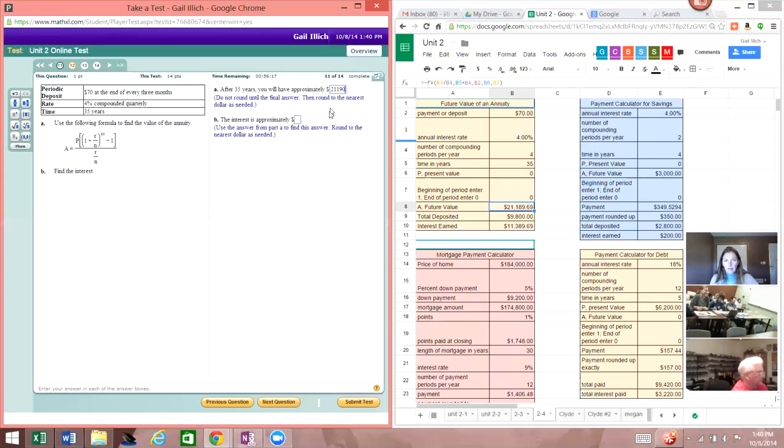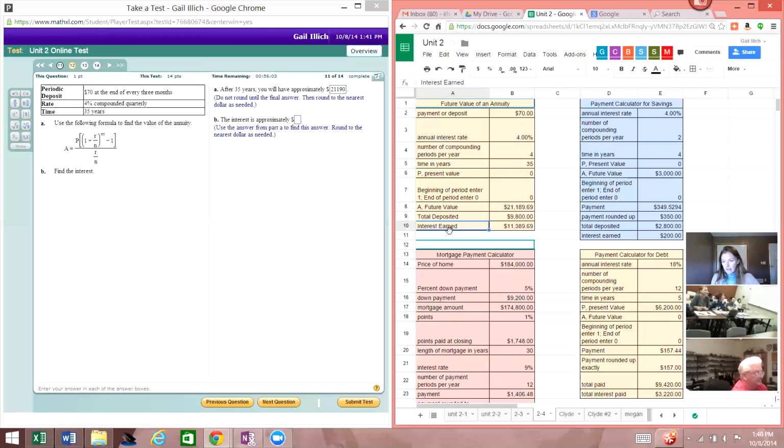Okay, now the interest. It says use the answer from part A to find this answer, round to the nearest dollar. So I really need to add a cell in here where it's rounded to the nearest dollar, right?